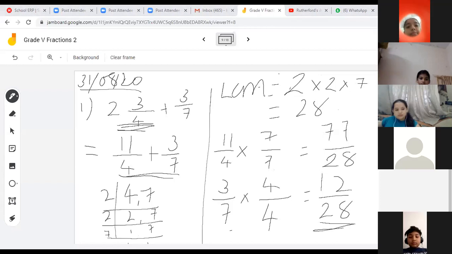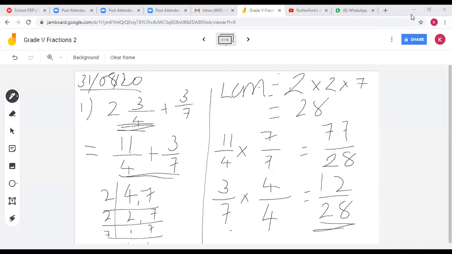So any number multiplied by 1, does it make a difference? No, it makes no difference, beta. Any number multiplied by 1 is the same number. If I multiply 25 by 1, what will be the answer? 25 ones are 25. Yes.